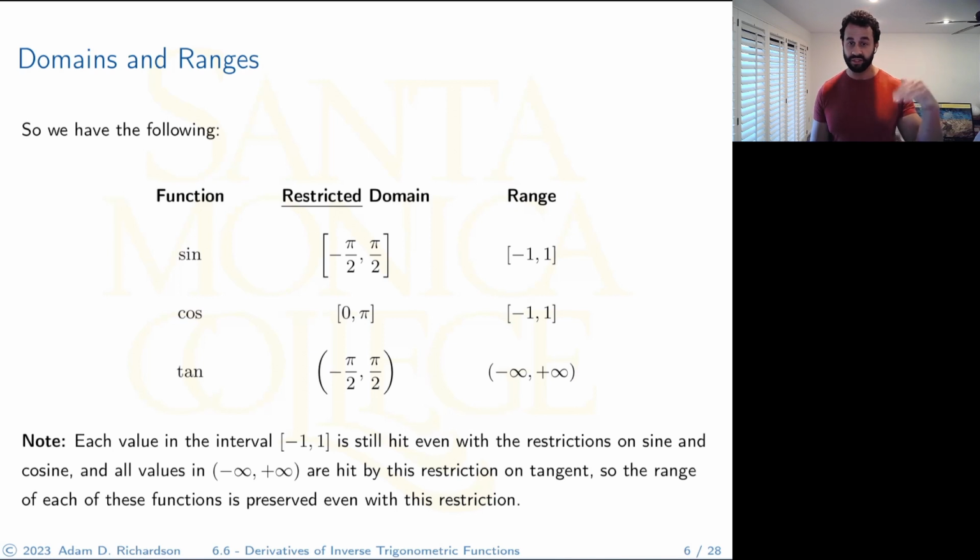Sine spits out results that are between negative 1 and 1. And so even with this restriction, we can still get all the possible outputs between negative 1 and 1, which is great. Same thing for cosine, same thing for tangent. So it's not so bad to perform this restriction. We just got to remember that we did it.